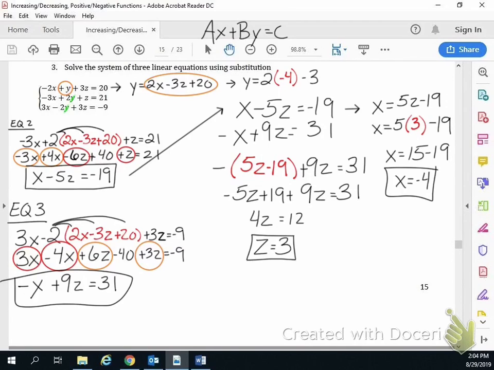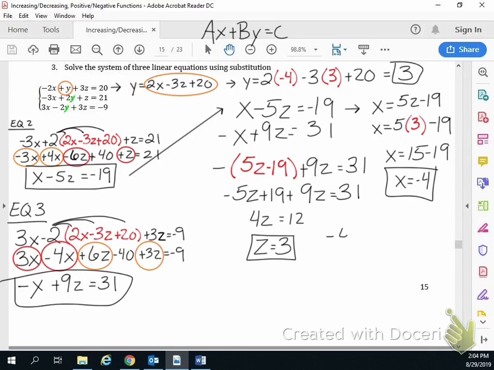Minus 3 times z, which we found was 3, plus 20, which that's going to give me negative 8 minus 9, which is negative 17, plus 20, which is 3. So y is 3.